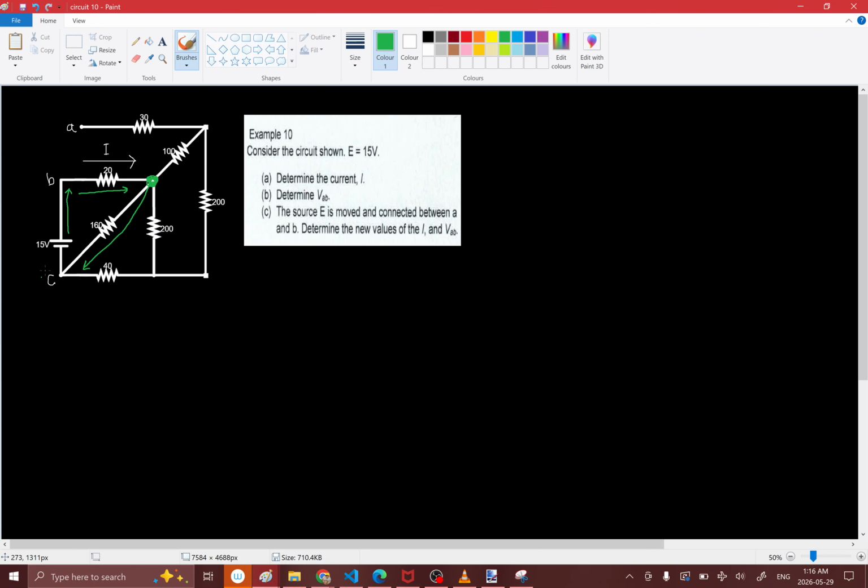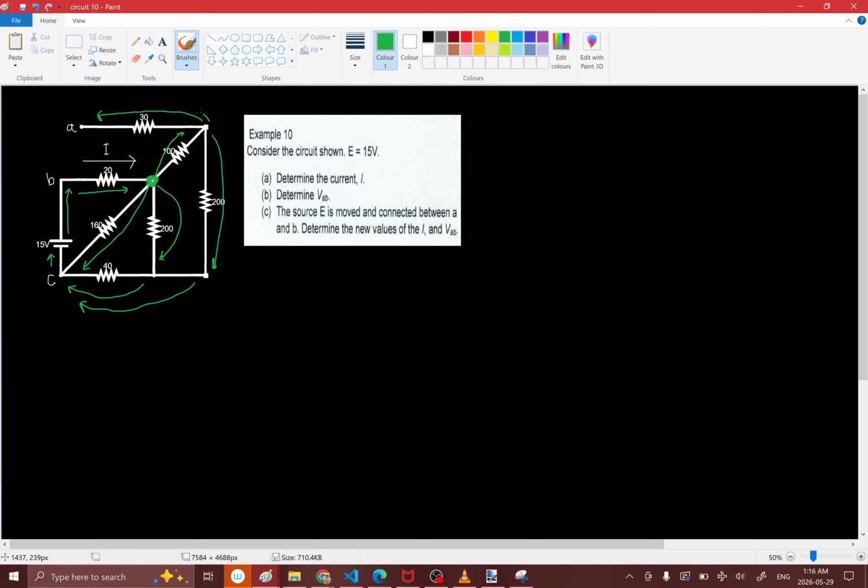This current will go down this way and then go back into the battery. This current will split off like this and go back into the battery. And then this current will go off this way and it will go down this way and then back into the battery. The current definitely does not go this way because there's nowhere for the current to go.